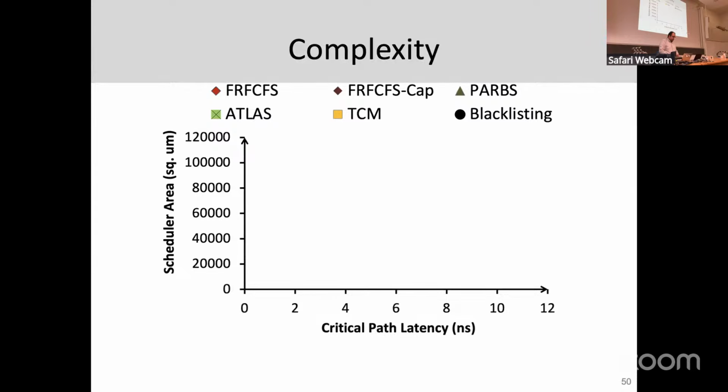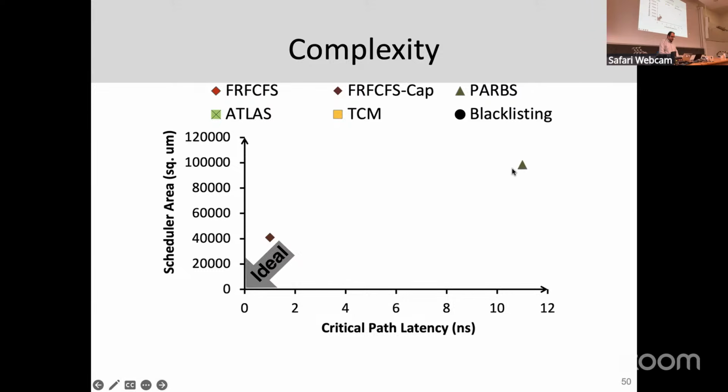And in terms of complexity, we report scheduler area, and you can see that ideally we want to be here, which is quite simple. And in the x-axis, we are showing critical path latency. So we want to be fast in our scheduling decision, and we also want to have quite low area overhead. Different techniques land in different locations of this plot. FR-FCFS is one of the simplest techniques.